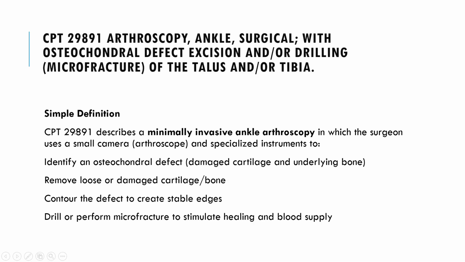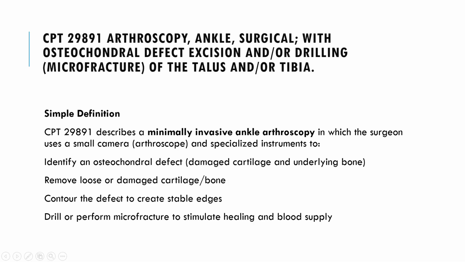So how will you code CPT 29891? Whenever there is an osteochondral defect, which is damage in the bone and the cartilage, the physician will identify the osteochondral defect.